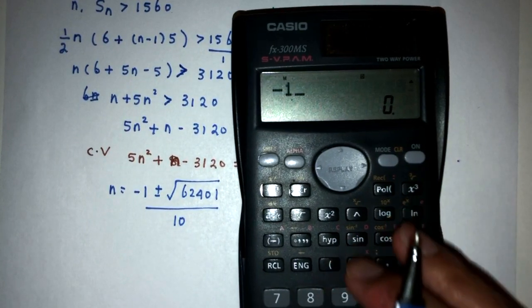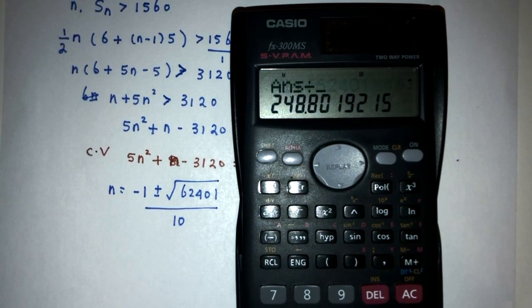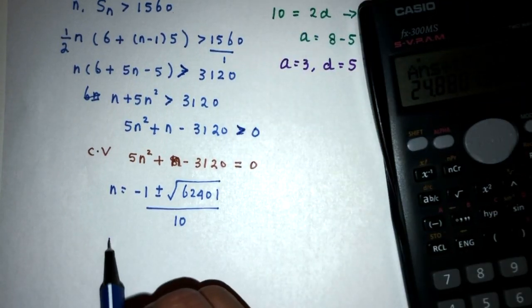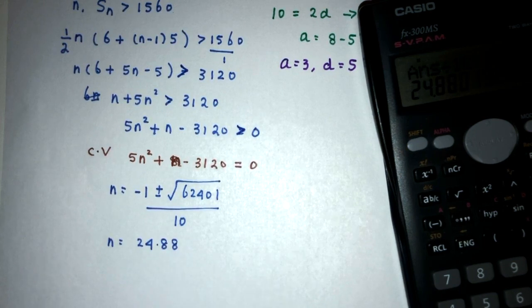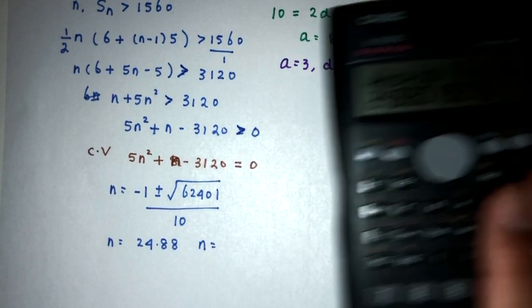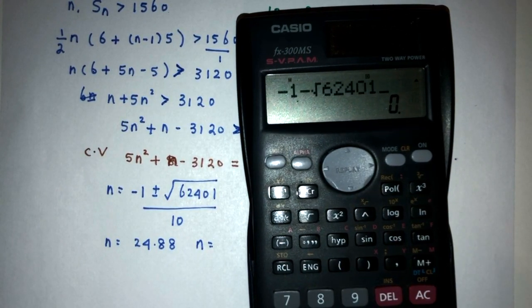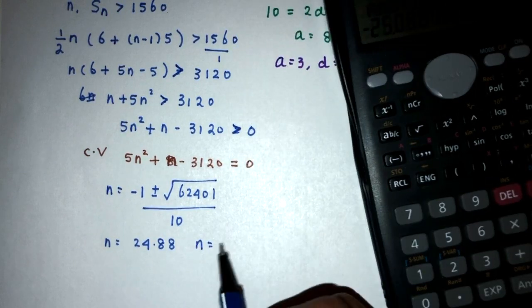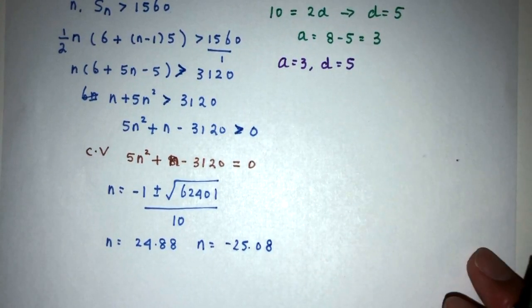So minus 1 plus root of 62401 divided by 10, that will be, n can be 24.88, or n can be the other value, minus 1 minus root of 62401 divided by 10, minus 25.08. Now this is not the value we're trying to find.